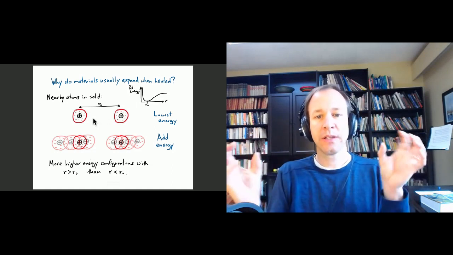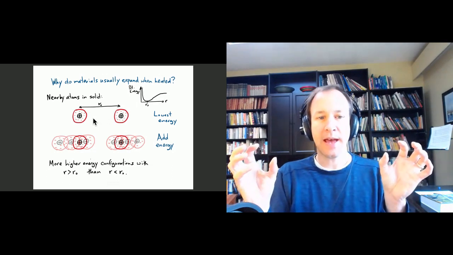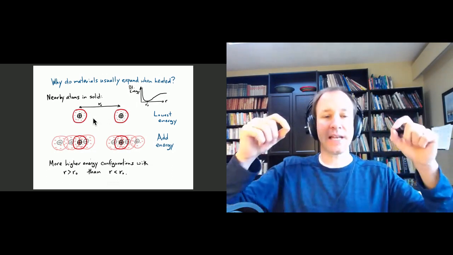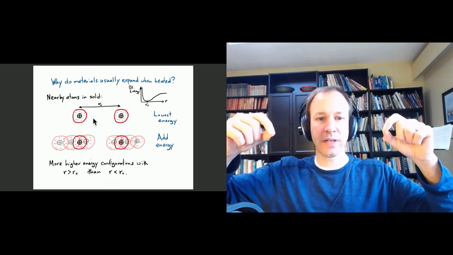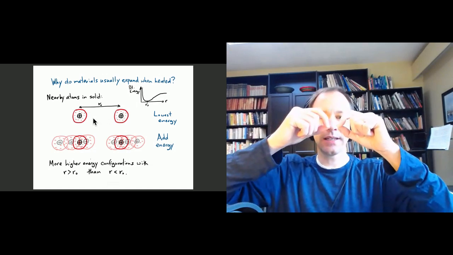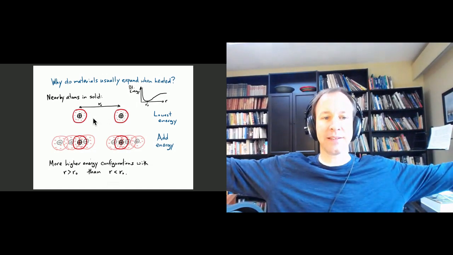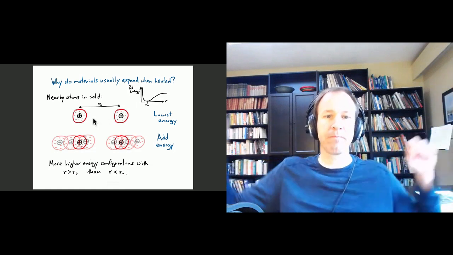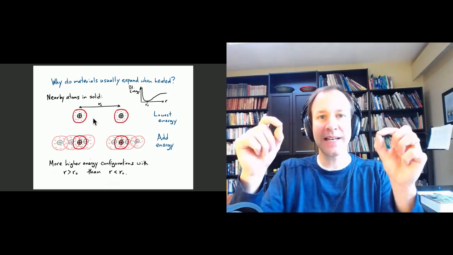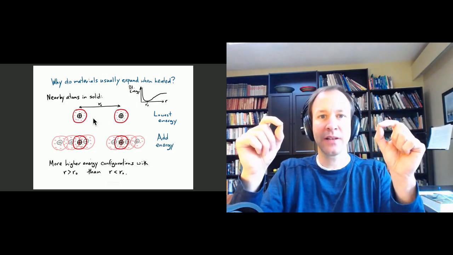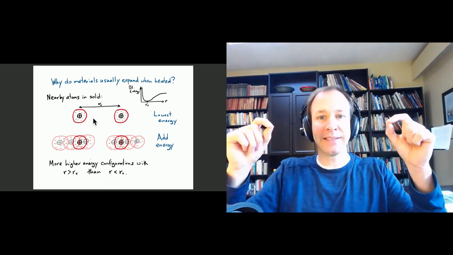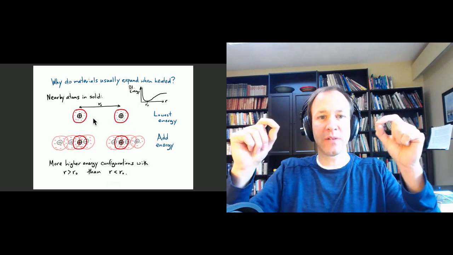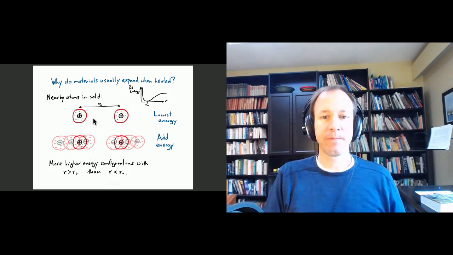And so the way to think about this is that, let's say I just had two positive charges. Well, we know that they would actually repel each other, and the least energy configuration would be where those are infinitely far apart. If I have a positive and a negative charge, then they're going to attract each other, and the least energy configuration is going to be where those are very close together.